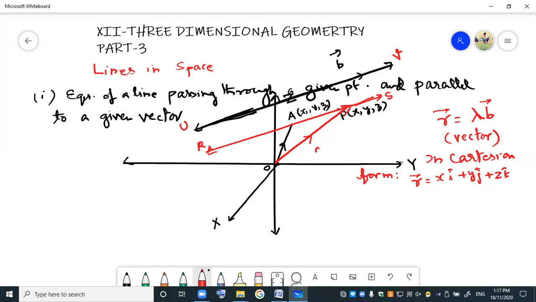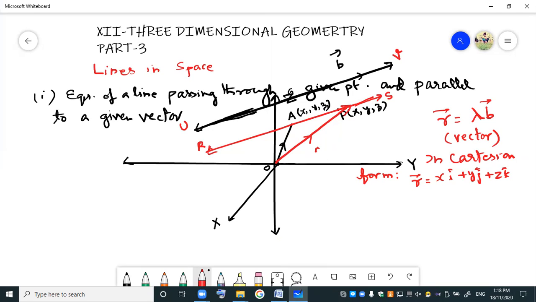Whenever we write an equation in terms of x, y, and z, that is, in component form, the i, j, k will be removed, meaning there will be no vectors. It is in the form of x1, y1, z1, x, y, z, where the point is represented by its position on the x, y, and z axes. That is called the Cartesian coordinate system and Cartesian form.